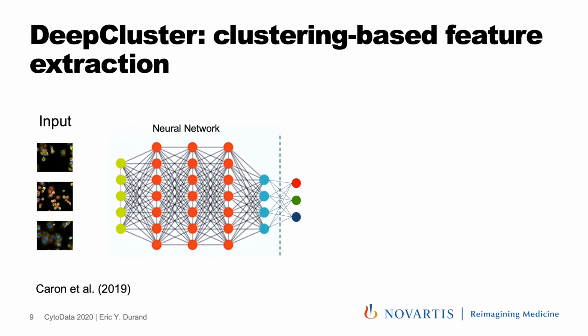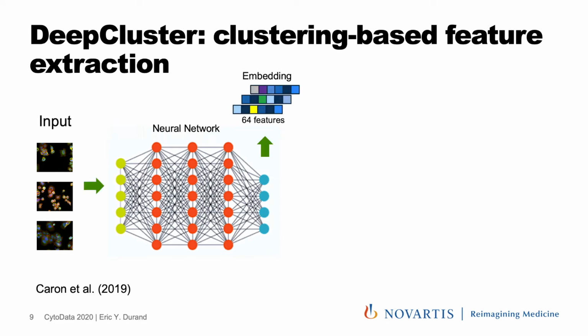So the procedure we use for unsupervised learning is based on a recent publication from the Facebook AI Research group called DeepCluster. It's a clustering-based feature extraction method that takes a neural network from which you remove the last layer if it's a classification layer, and you just use it to extract embeddings of your input data. So in our case, if we have 3 images that we feed through the neural network, we obtain 3 embedding vectors, in this case of 64 features.